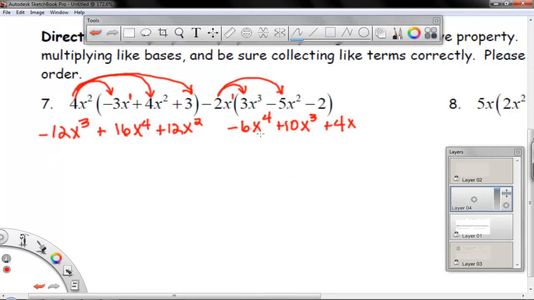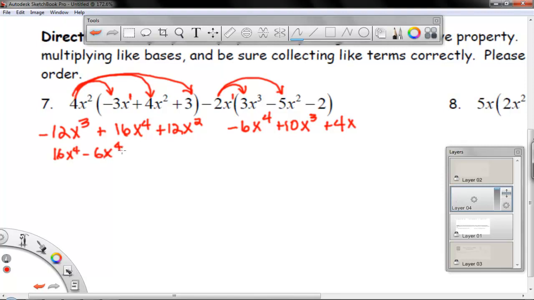Now we'll go ahead and look at the common or like terms. Remember, for a like term, we don't really care about the number in front. What we're looking at is the variable piece and the exponents on each variable or base. So if I look at x to the fourth, I've got a 16x to the fourth minus 6x to the fourth.